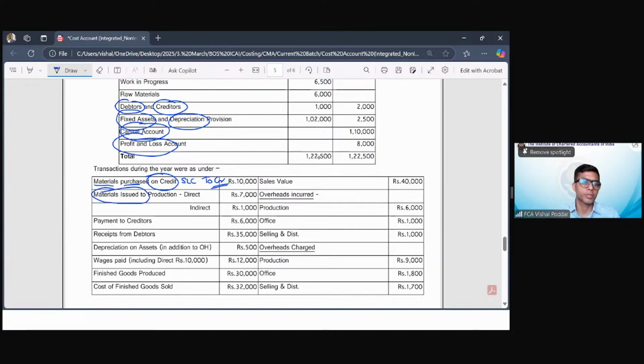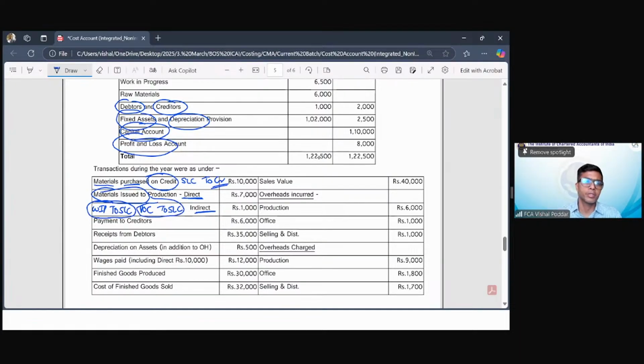Material issued to production. For direct material, what entry we pass? WIP to SLC. For indirect material, what entry we pass? POC to SLC. Now this entry is same, whether it is integrated or non-integrated, because this entry does not require asset and liability account. So for direct material, which is issued to production, it is WIP debit, SLC credit.